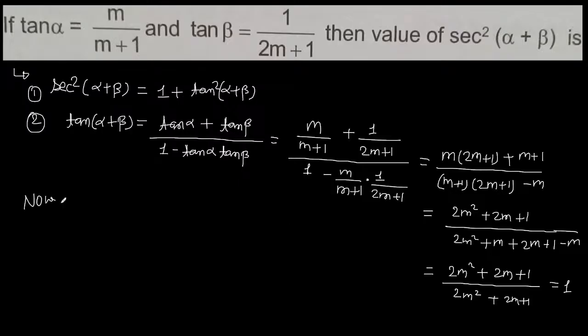So now sec square alpha plus beta is nothing but 1 plus 1, which is 2. Okay, very simple. We substituted the value and we kept on solving. So finally we got this.